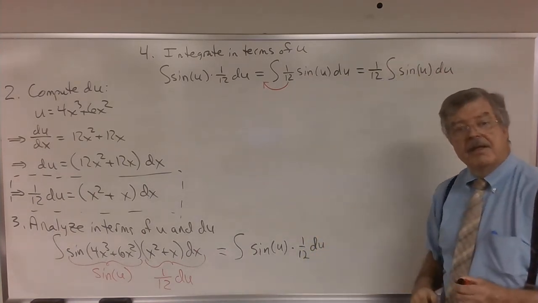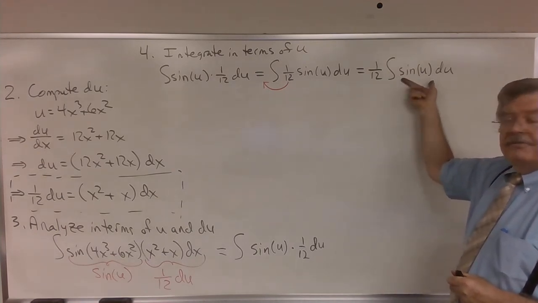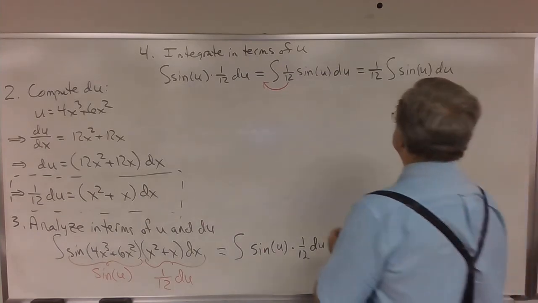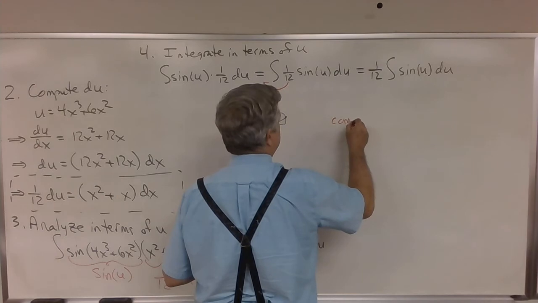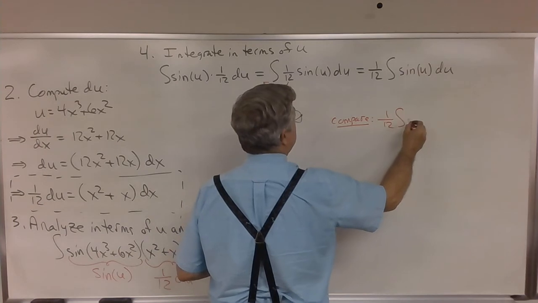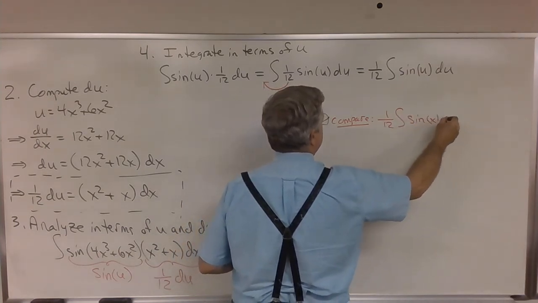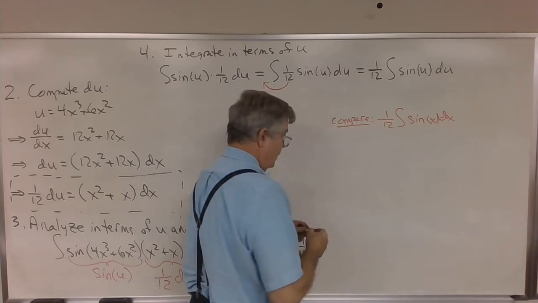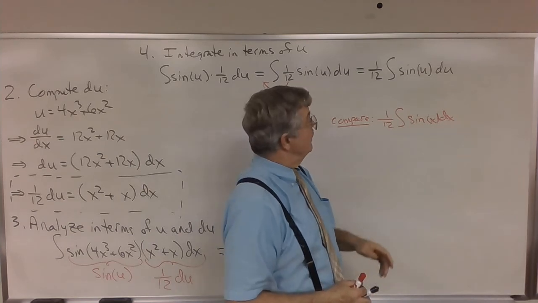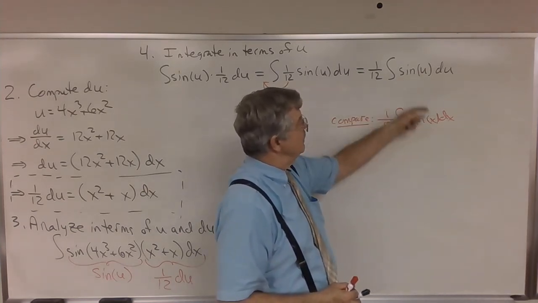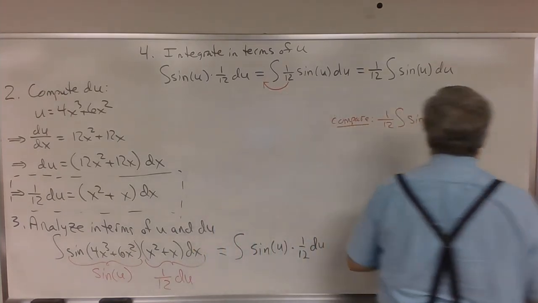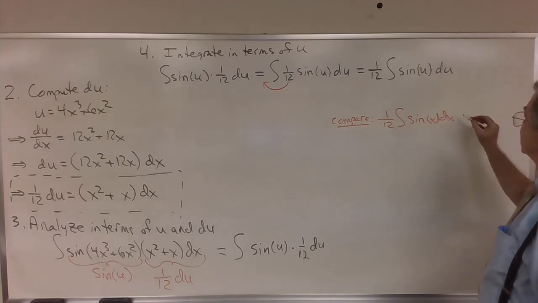Oh my goodness. My integral is only in terms of u. So I write myself a little note here. Compare 1/12 the integral of sine of x dx. Whatever we do to sine of x down here, we're going to do to sine of u up here, right? The only thing that's different about this integral from this integral is the name of the variable, that's all. And if I integrate this thing, I write the constant down.